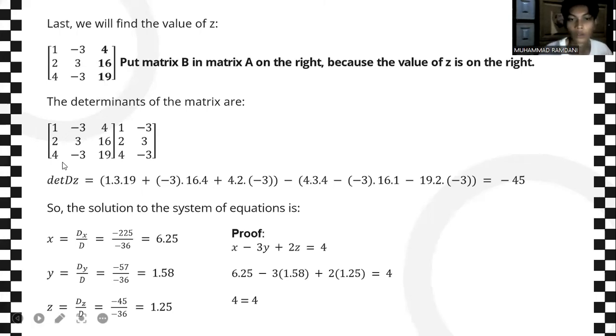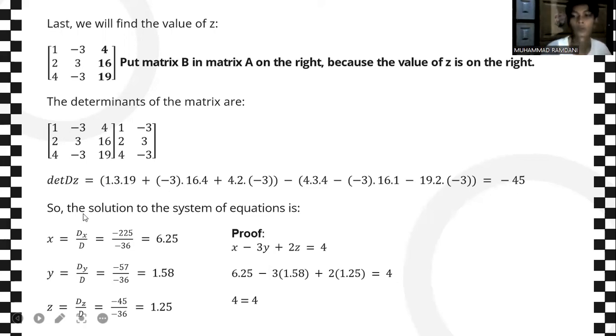After we calculate the determinant here, also the same as before, the determinant of the z variable is minus 45.